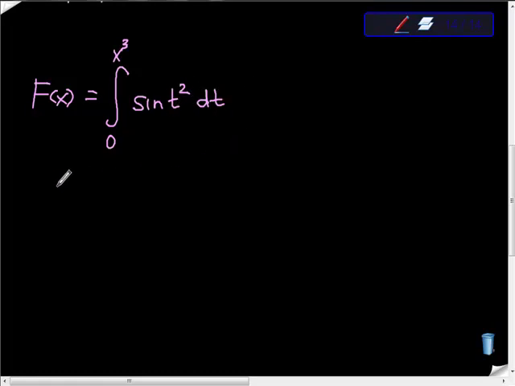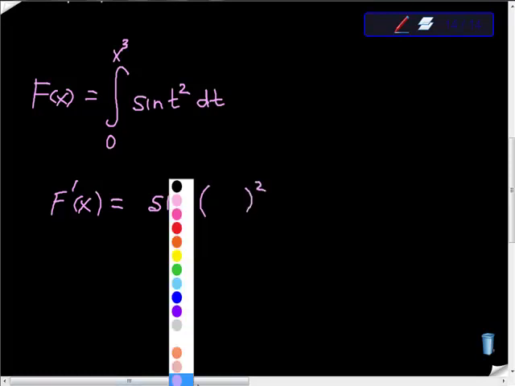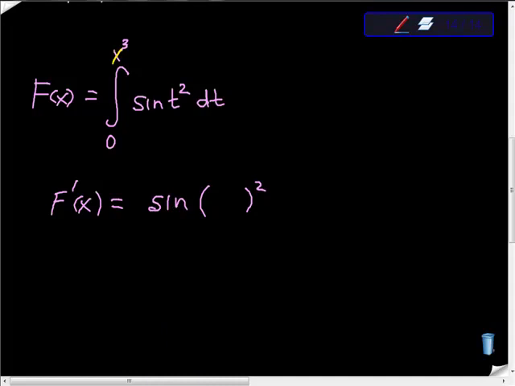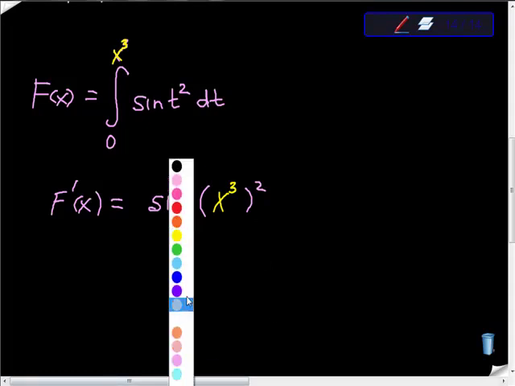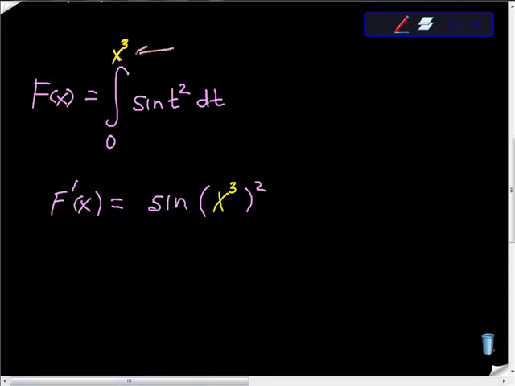So we're going to do the same thing that we did in the last problem. We're going to say that our f prime of x is equal to, we have sine, don't we, of t squared. We're going to insert our upper limit, which is x cubed. So my x cubed goes here, right? Times the derivative of this. And the derivative of x cubed is 3x squared.